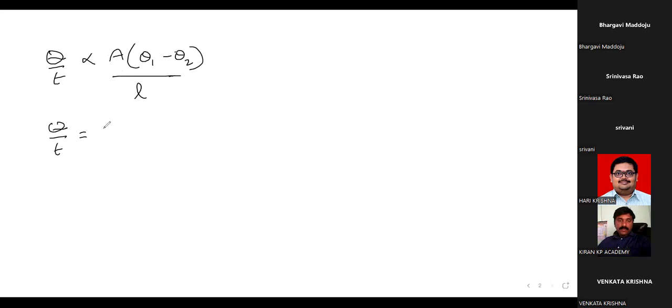To remove the proportional symbol, multiply by K. K is the proportionality constant. Here K is the coefficient of thermal conductivity.